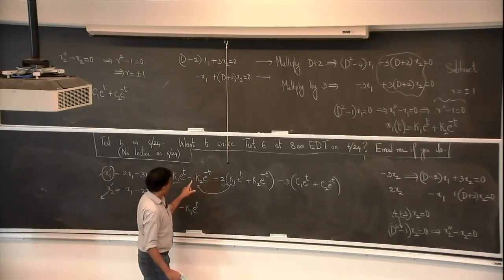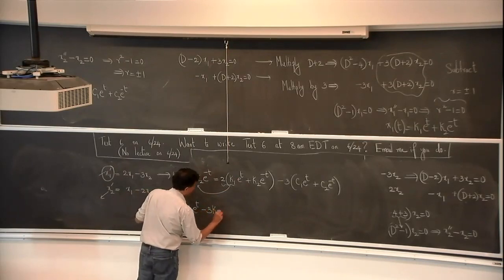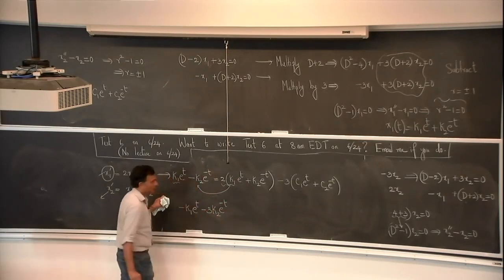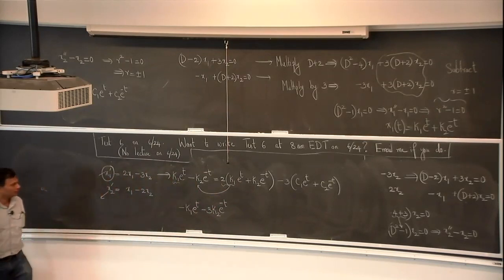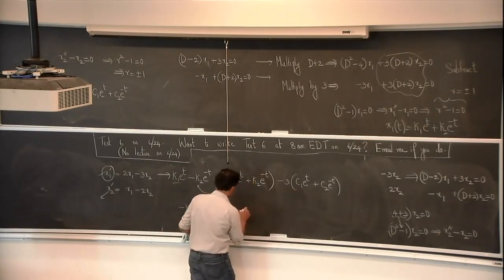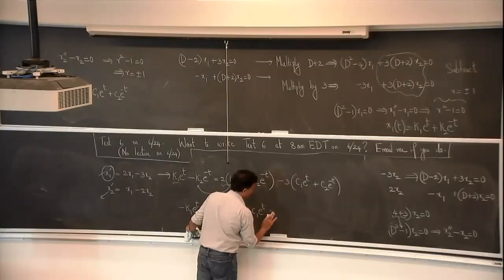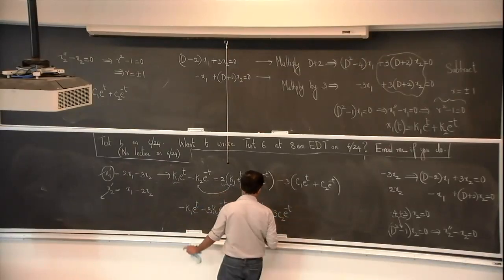Then you have minus k2 minus 2k2 becomes minus 3k2 e to the power of negative t, equal to this part, which is negative 3c1 e to the power of t minus 3c2 e to the power of negative t.